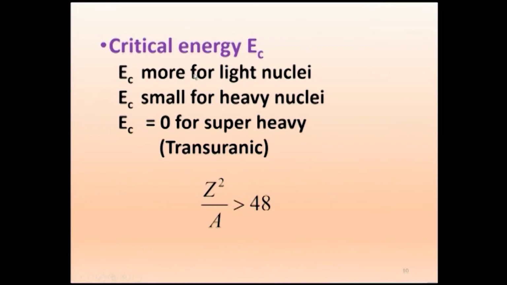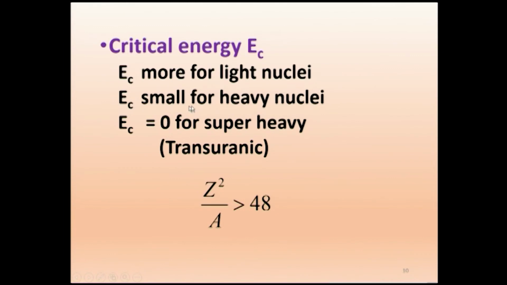If you want to split that, we have to give large energy. It is possible, maybe the 40 will split as 20 and 20, but the energy required will be more. EC will be more for light nuclei like calcium, magnesium, or iron; we require large energy to disturb them.